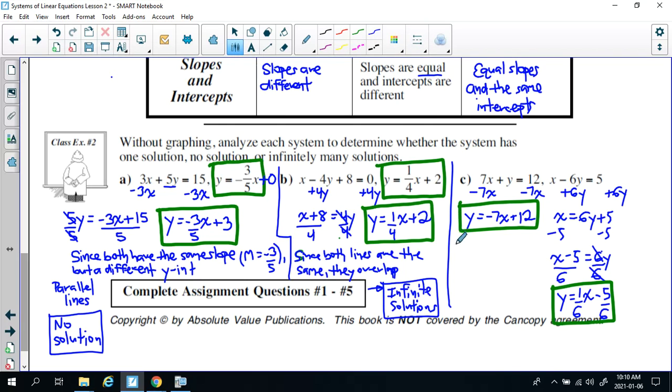Okay, so I'll say since the slopes are different, this means you would have one intersection point, and if you have one intersection point, it means you have exactly one solution.